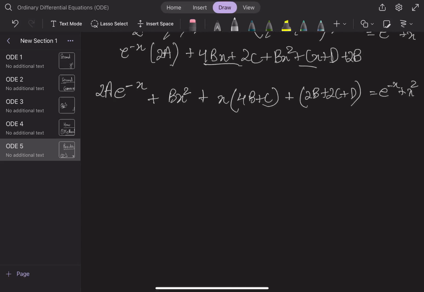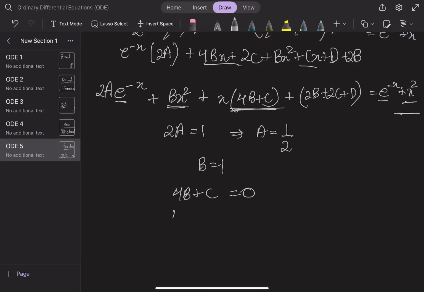So the coefficient of e raised to minus x over here and over here have to be equal. So 2a is equal to 1, which means a is equal to 1 by 2. Coefficient of x square over here and here have to be equal, so b is equal to 1. The coefficient of x over here is 4b plus c and over here it is 0. So 4b plus c is equal to 0. So 4 into 1 plus c is equal to 0.